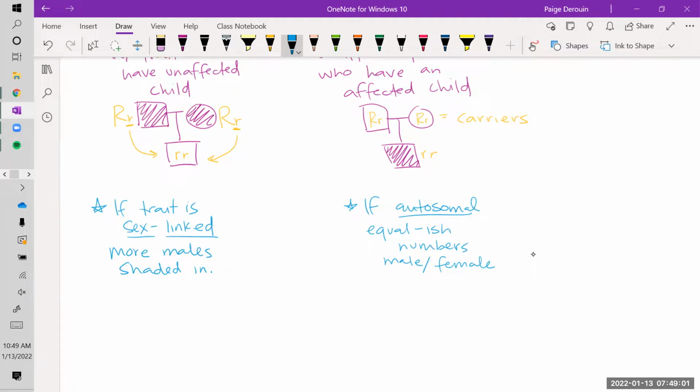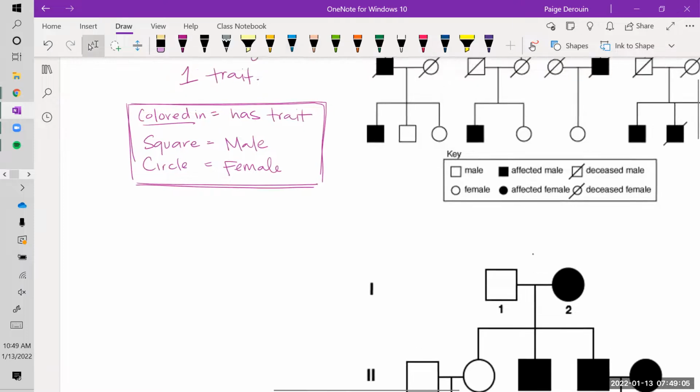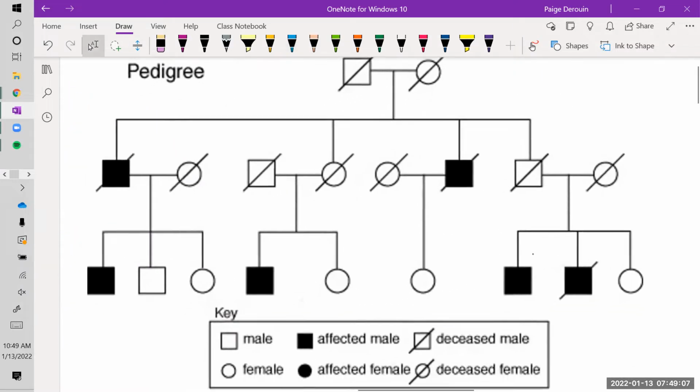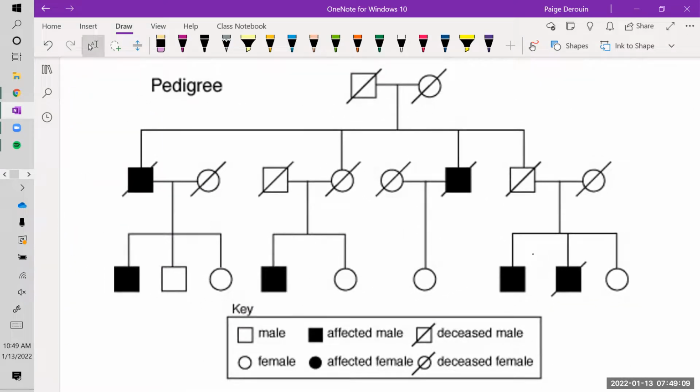So let's try one. Look at this one. And what do you think? Sex-linked or autosomal?